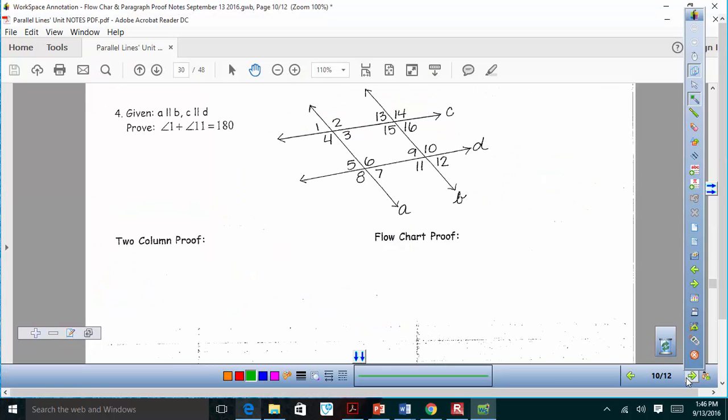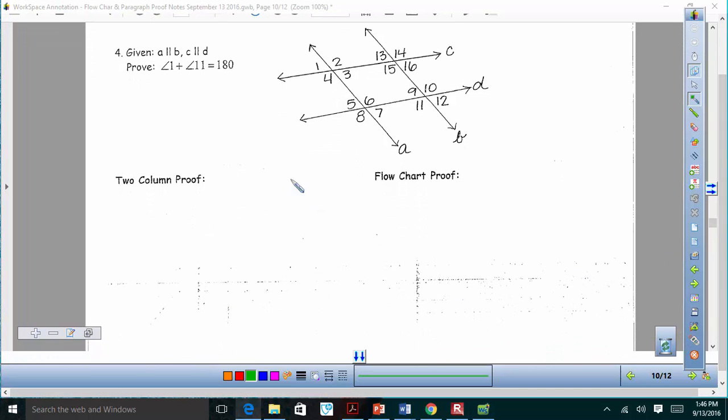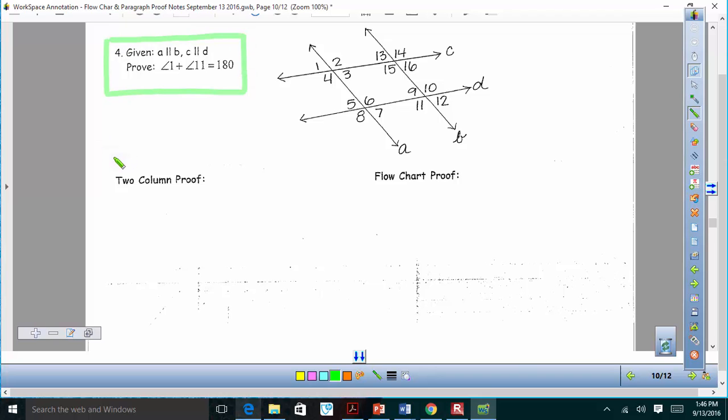On this last one that I'm going to show you right here, I'm going to let you do a shortcut on the 2-column proofs because we're about to start paragraph, and so those are longer. So I want you to not write as much. All right? So let's look at our given for number 4. Our given is that A is parallel to B and C is parallel to D. Okay?